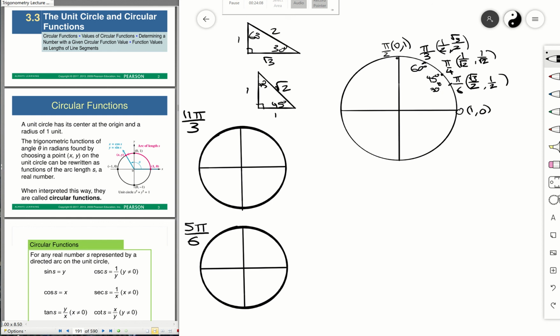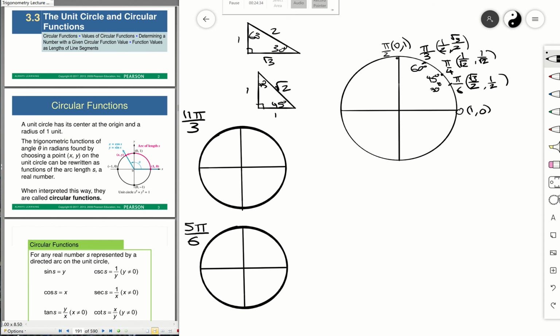Now we can calculate the sines and cosines of all the related angles in the other 3 quadrants based on that symmetry rectangle that we discussed in the previous part of this lecture. So for example, let's say we want to find the 6 trigonometric functions for 11 pi over 3. So what we're going to do, first of all, is locate where 11 pi over 3 falls on the unit circle.